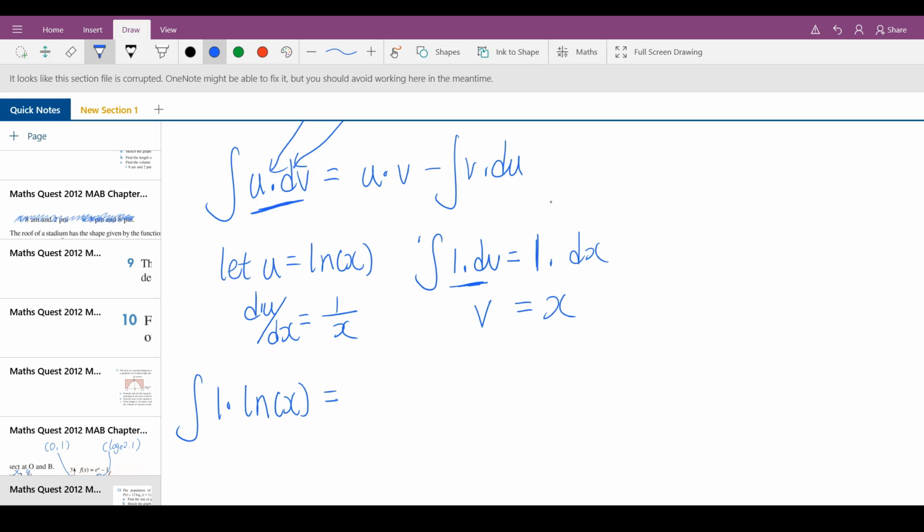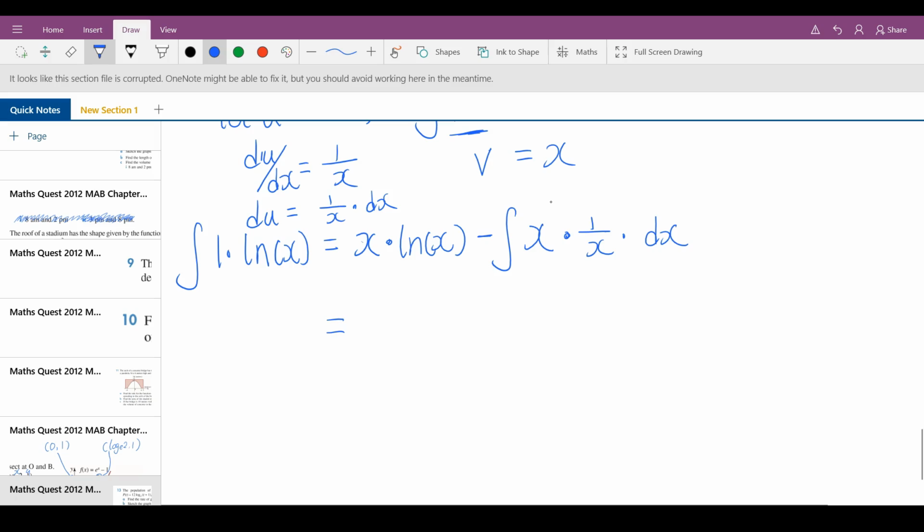Our u is here, our v is here, so u times v is just x multiplied by ln x, minus integrate v, which is x, with respect to du. Now du is just 1 over x multiplied by dx. Right, so this is du. So we just substitute it here, multiplied by 1 over x dx.